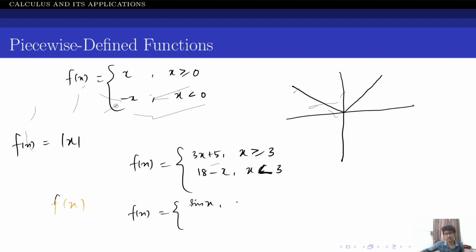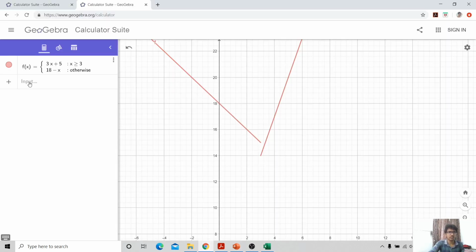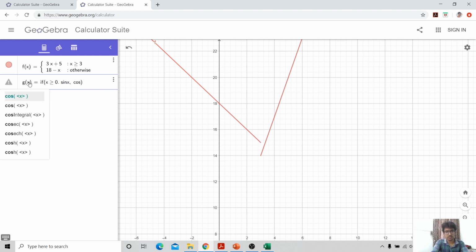Simply sin x if x is non-negative, and cos x if x is negative. Let us try to plot this function as well. This is not the natural one, but this way also we may define piecewise functions. If x is positive, we define it as sin x, otherwise it is cos x.